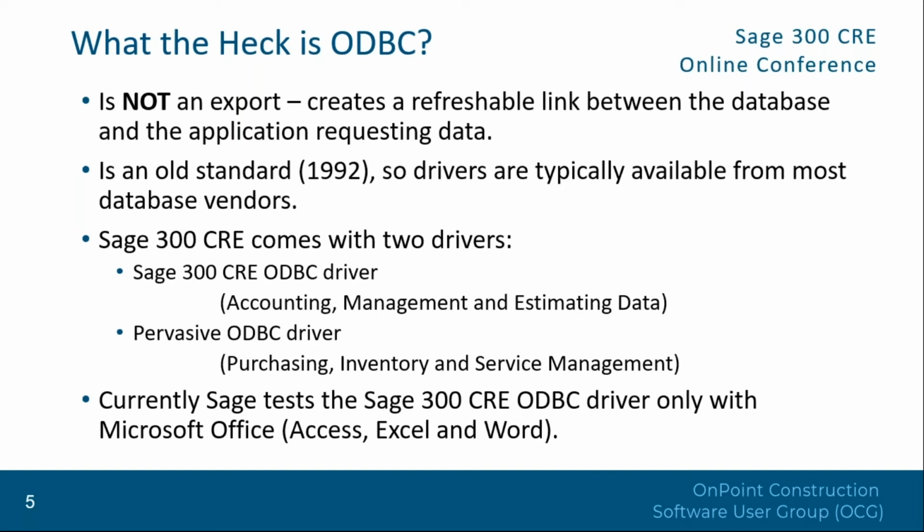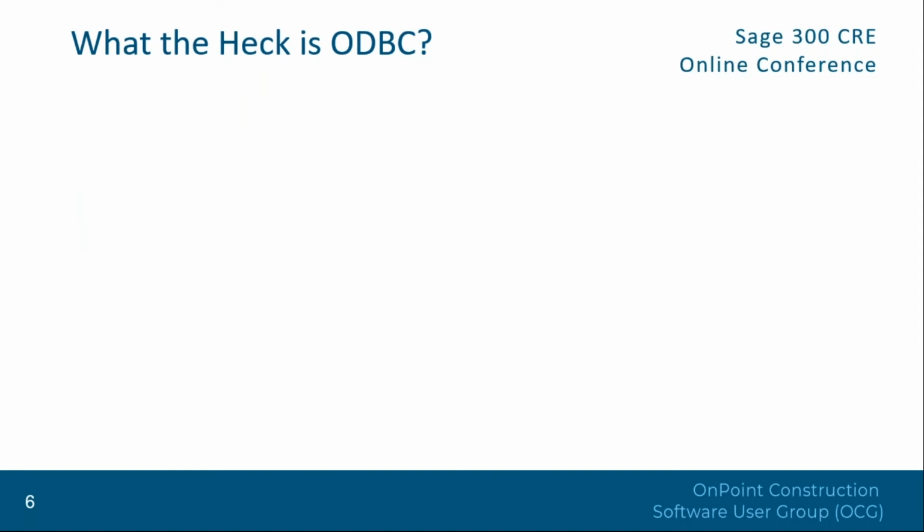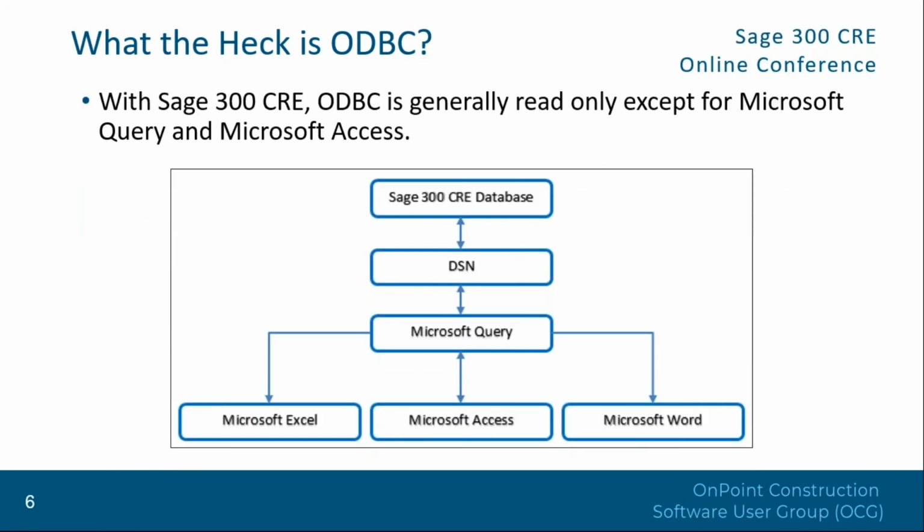Yeah. So the other thing to know about ODBC, and this is a very important distinction, is that the Sage 300 CRE ODBC driver is generally a read-only driver. Okay, so you see the diagram below, we have the Sage 300 database, which has all the goodies that we want to get to.